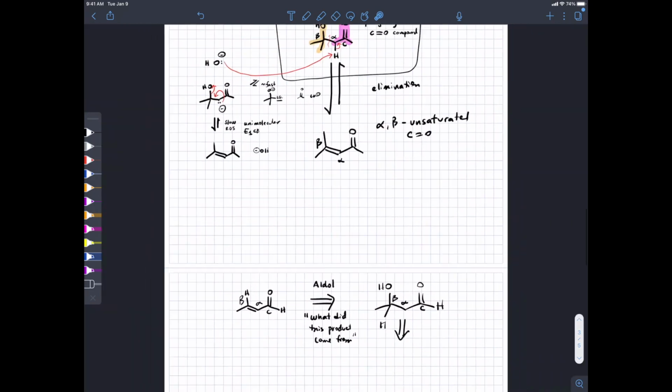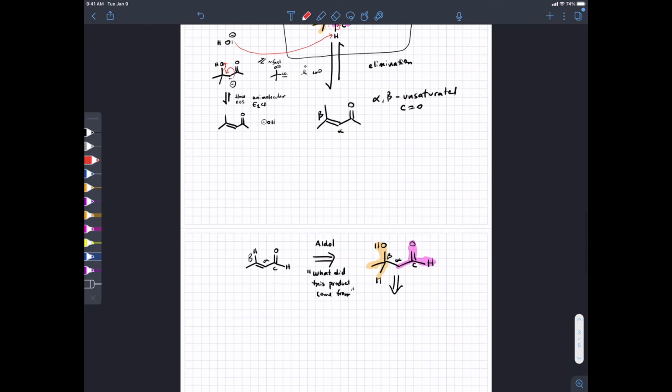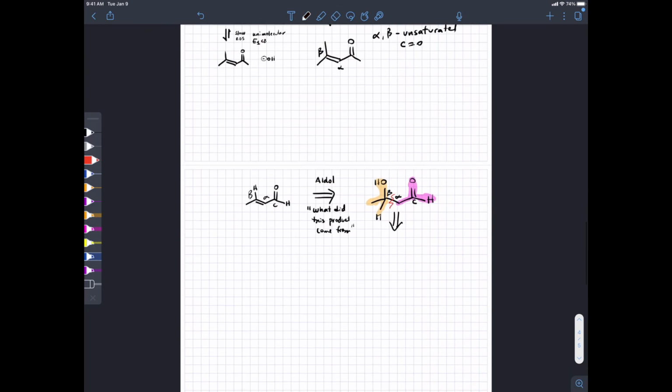Remember how we talked about our beta hydroxycarbonyl compound. This portion comes from the carbonyl group that was attacked, and this portion comes from the enolate, right? And this is the bond that we made. So you can think back just one additional step.